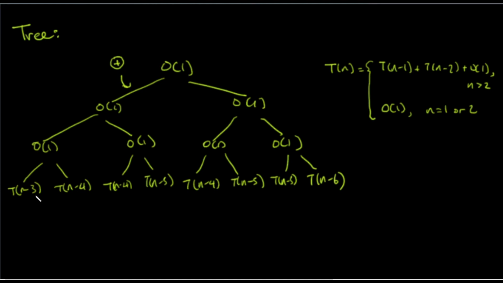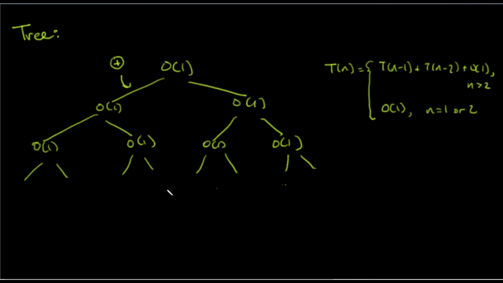But if we were to go one more level down and apply our recurrence relation again, if we were to erase this and apply the recurrence relation, we're going to get all O of 1s.